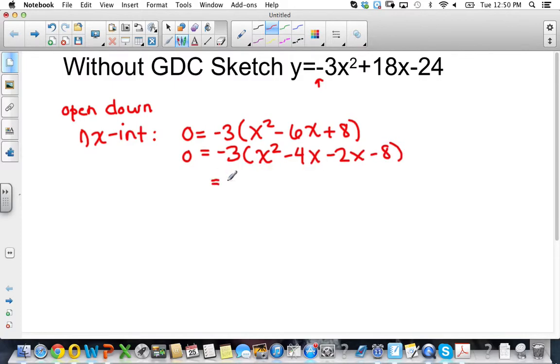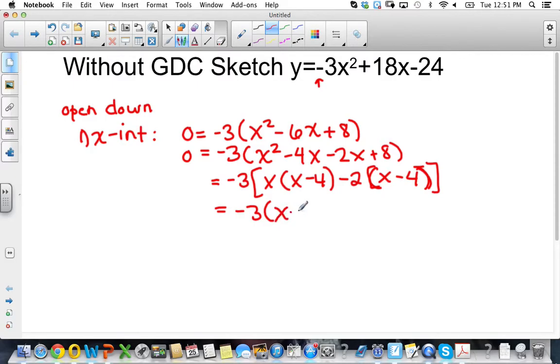I will pull out a GCF of x minus 4, bring down the minus, pull out a GCF of 2x, that should be a plus, x minus 4, it should be parentheses and bracket here. So it factors to negative 3, x minus 4, x minus 2, and this is all equal to 0.